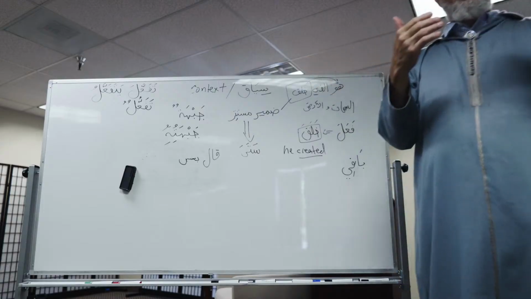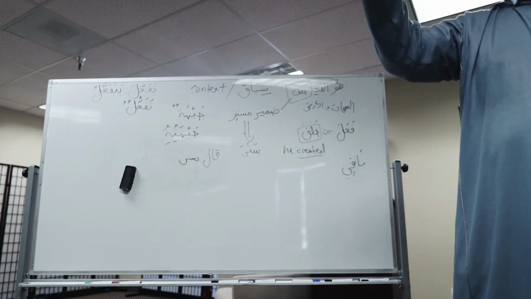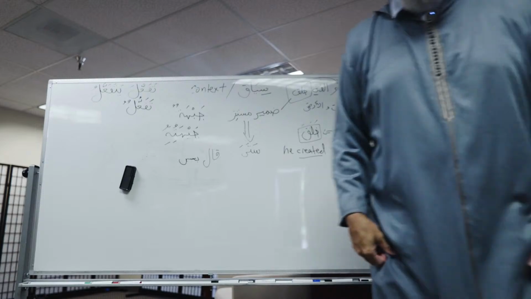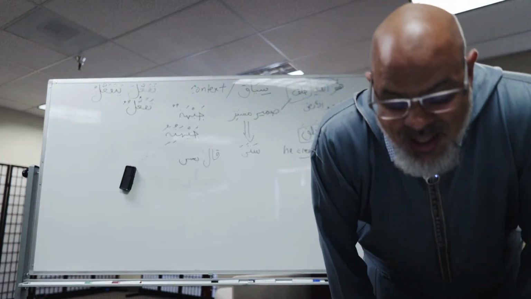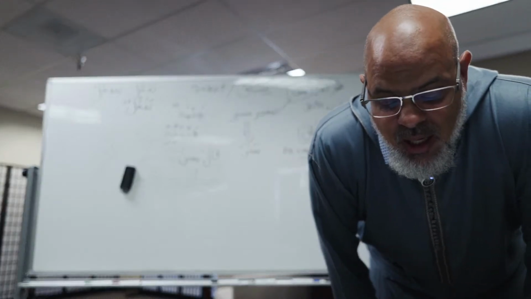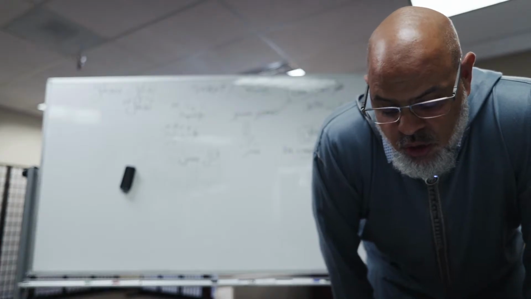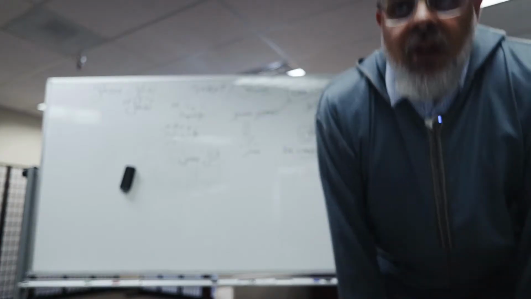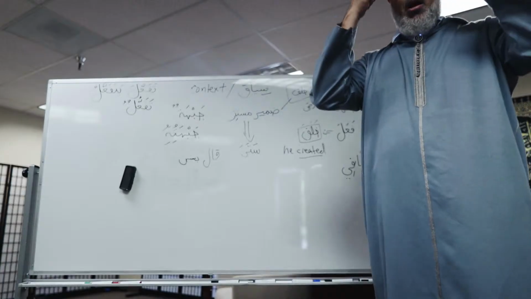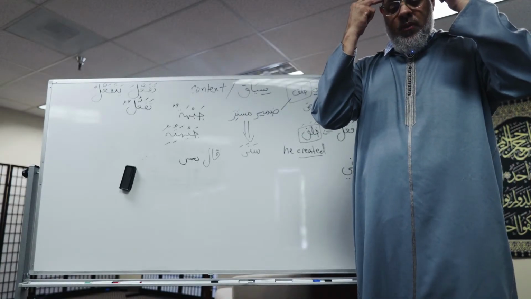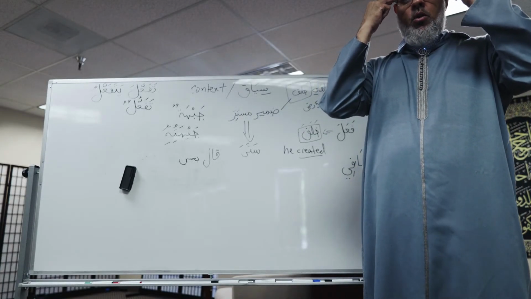Right. But when you want to make an idafa, you drop the noon and you just say عظمي. Right. So من حد عظمي لحييه. So from the two temples, right, where your beard would be.